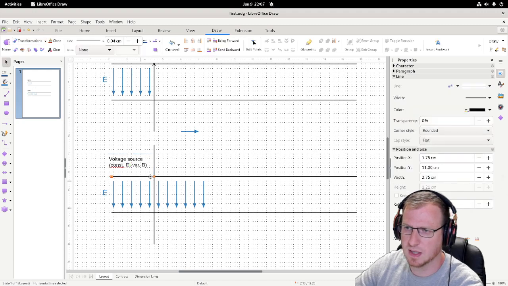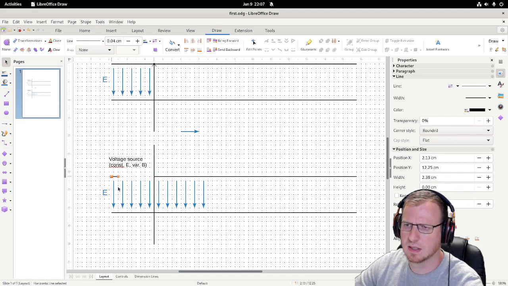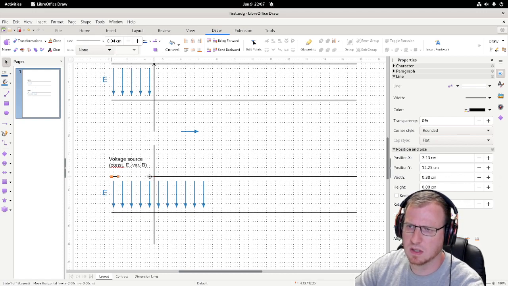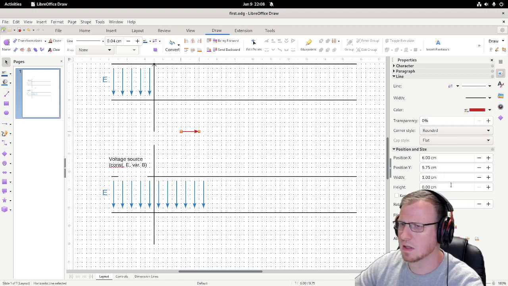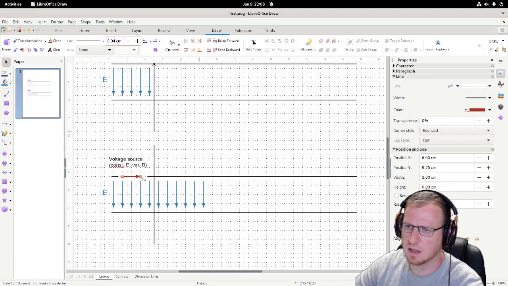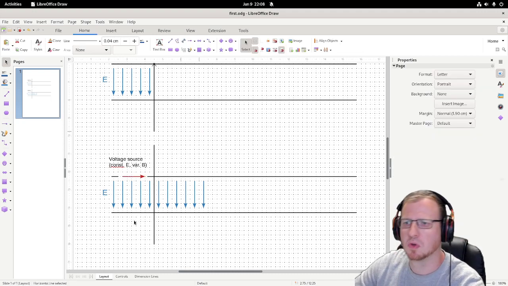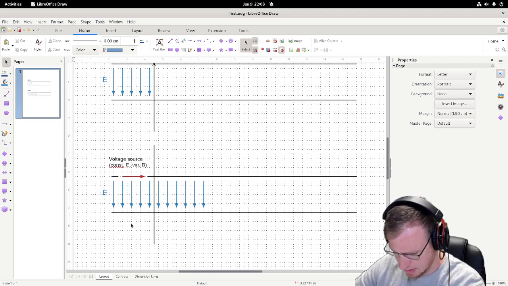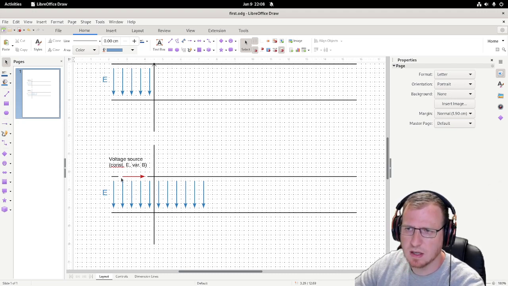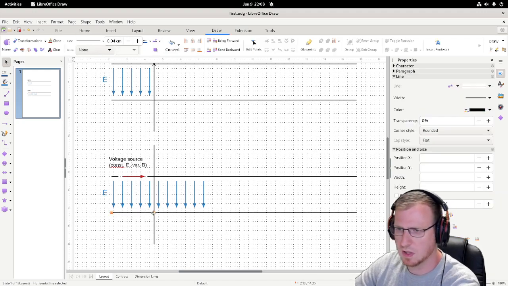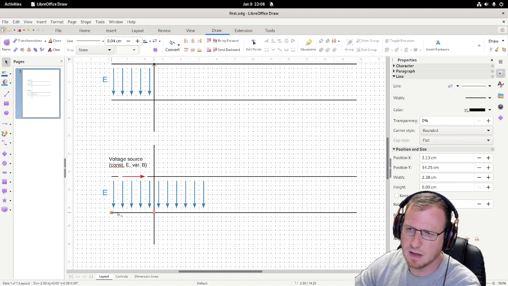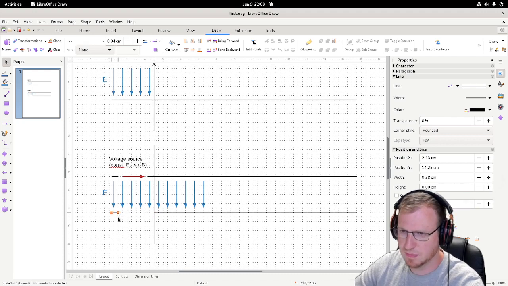Like that, and copy like that, and then we have a red one. Yes, that's fine. Yes, that's cool. A current flowing out of the voltage source, but it's going in both directions.